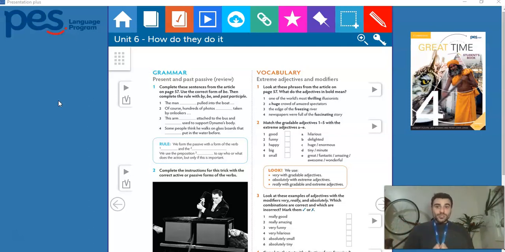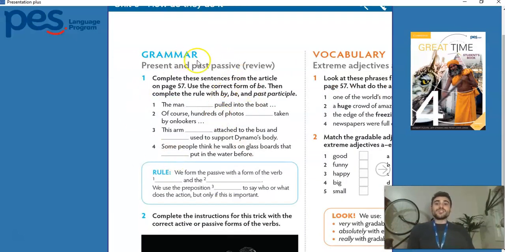So, for us to start here, we are going to take a look at the first exercise. And in this first exercise, which is very simple, okay, you need to complete these sentences from the article on page 57 for those who have their books. For those who don't have their books, you can go back to the text about Dynamo, the magician, and you need to use the correct form of be, the verb to be.